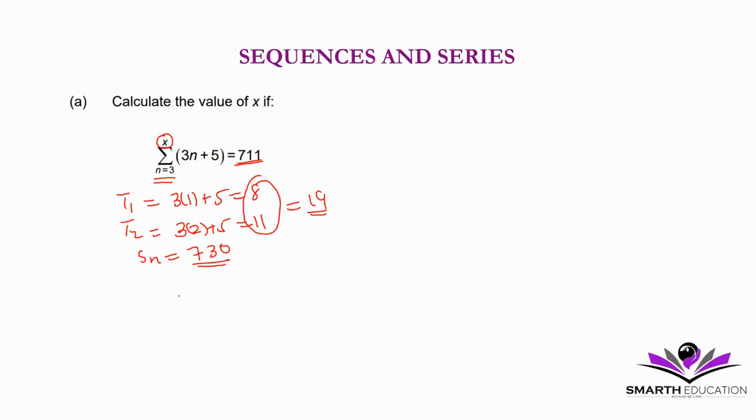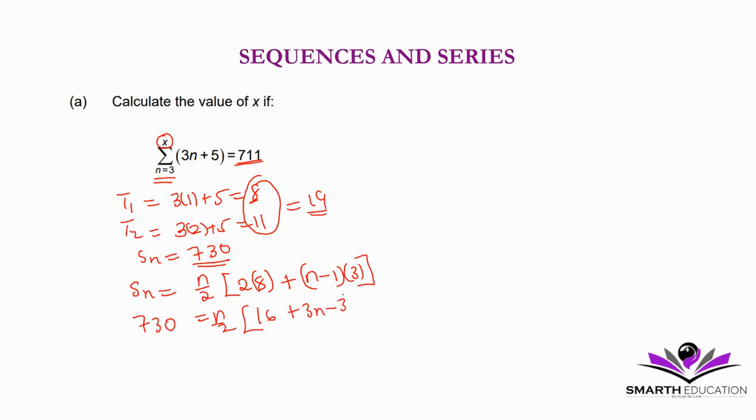So we use our formula now. Sn is equal to n over 2 times 2 t1, t1 is 8, then plus n minus 1, the difference is 3. 730 is equal to n over 2, then this is 2 times 8, 16, plus 3n minus 3, which will reduce to 730, n over 2, then 16 minus 3, that is 13, so we have 3n plus 13.